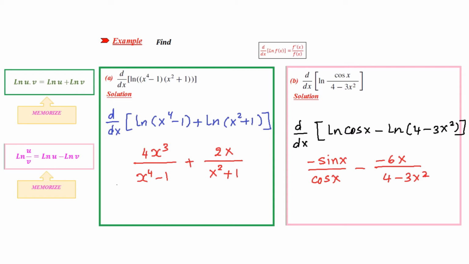And by a little simplification, sine x divided by cosine x equals tan x. So you have minus tan x, negative, plus 6x divided by 4 minus 3x squared.